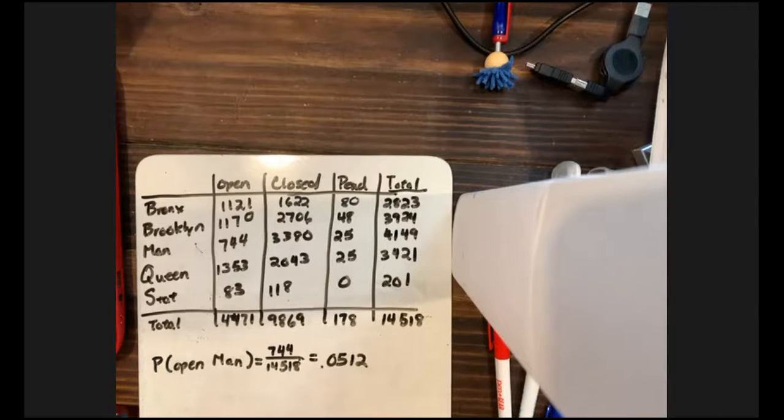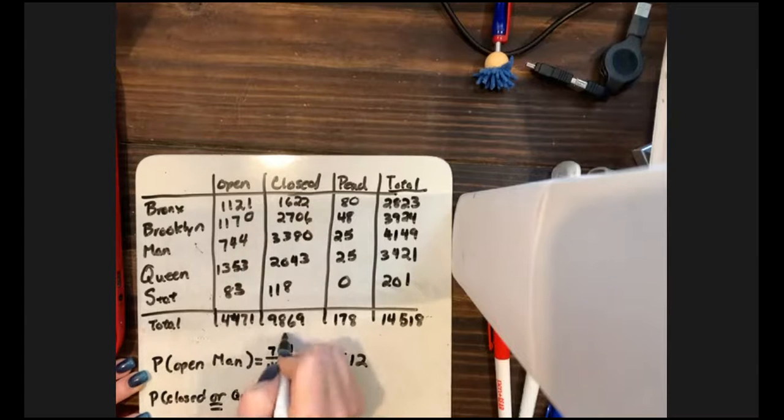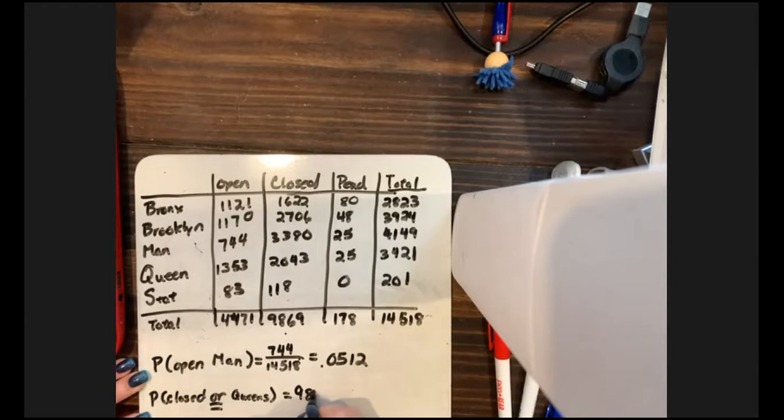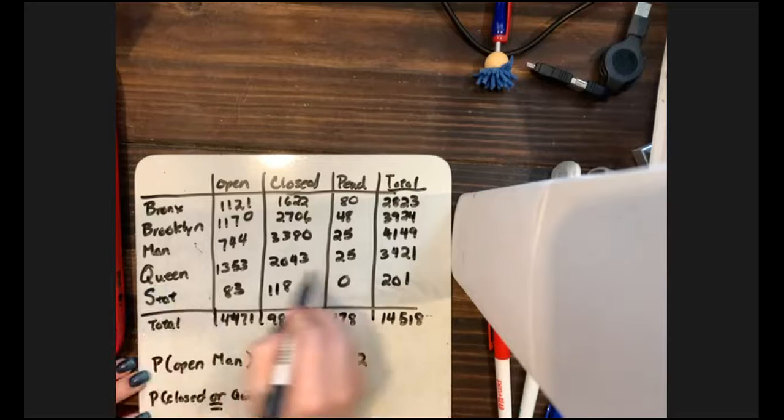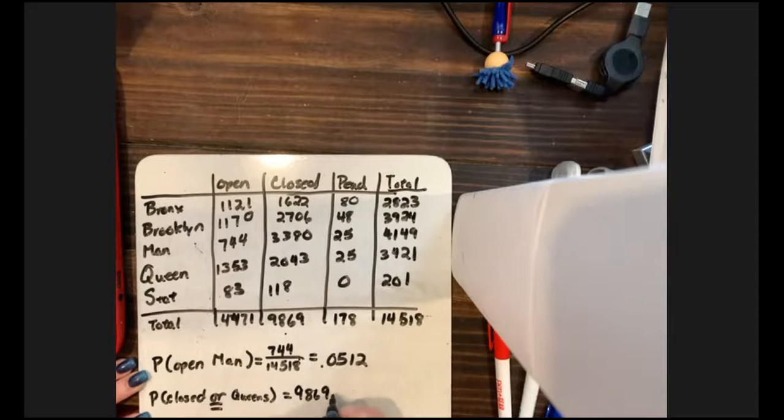Okay. Next one, they ask for the probability of closed, or is our keyword there, Queens. So we're going to take all of our closed set, which is our 9869. We're going to take all of our Queens reports.